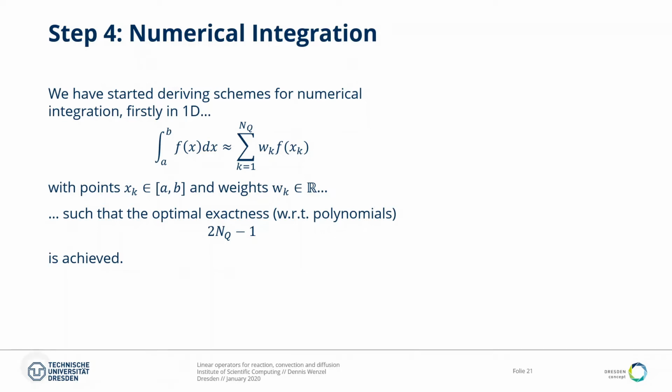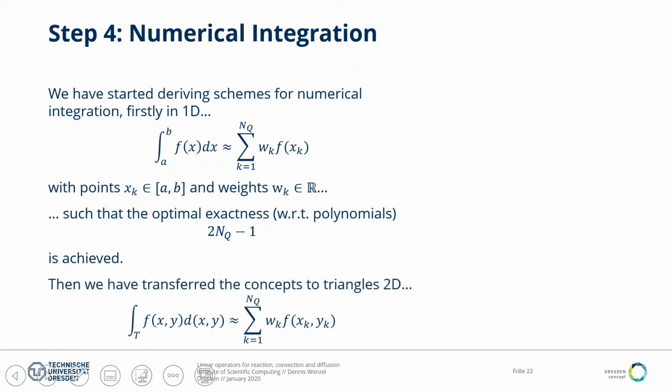And from those concepts in 1D, we went to triangles in 2D, and we introduced formulas to approximate integrals over triangles, which then has an additional degree of freedom, because every point now consists of an x and a y coordinate, so 2 coordinates in a sense.